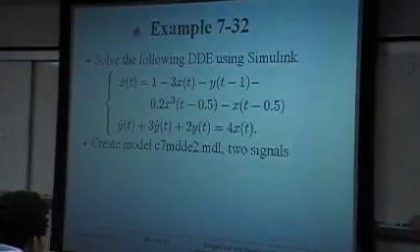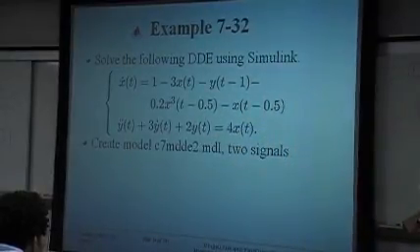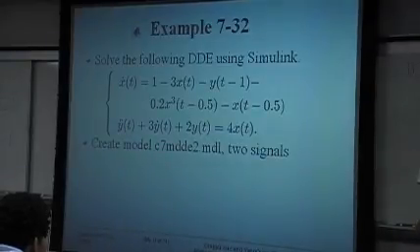And what about this signal? We also have to set a delay block here with a constant of 0.5. So this signal will be x(t minus 0.5).